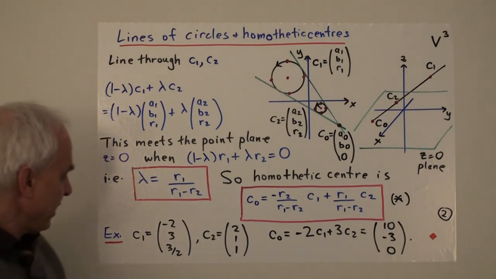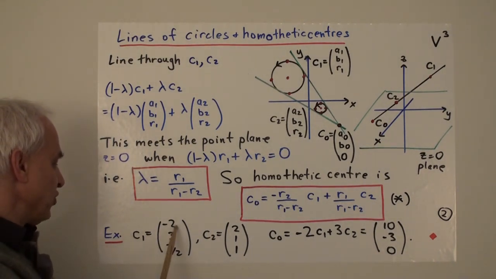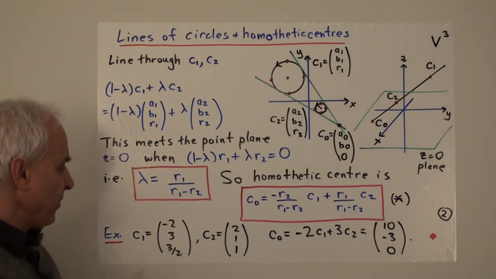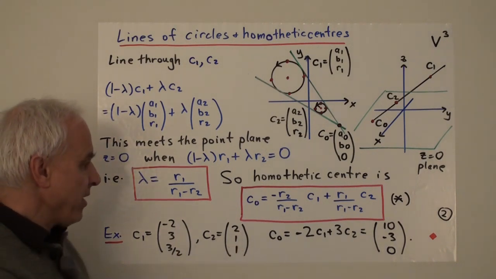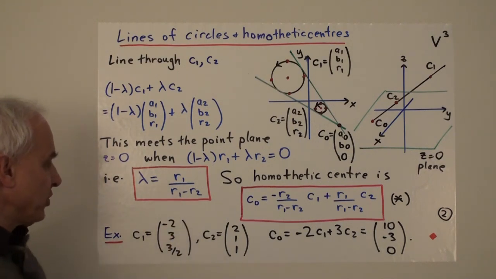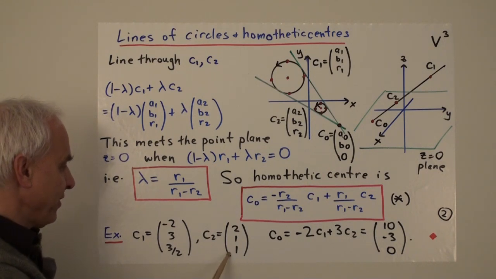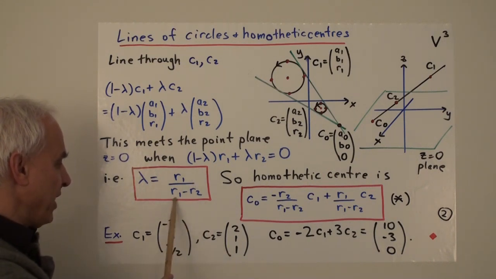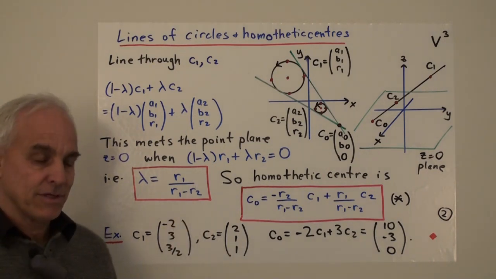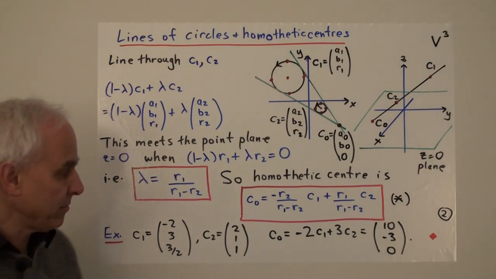So for example, in the example on the previous slide, we had C1 equal to minus 2, 3, 3 halves, and C2 equal to 2, 1, 1. In this case, R1 over R1 minus R2 will be 3 halves over 3 halves minus 1, just 3 halves over 1 half, which is 3.